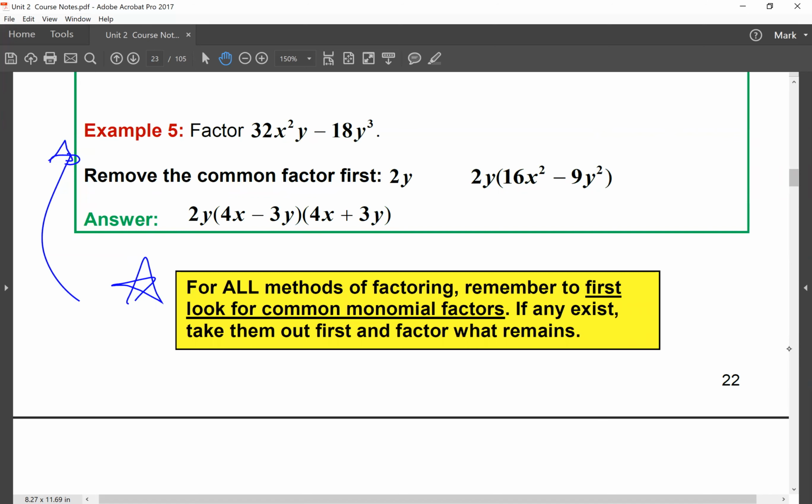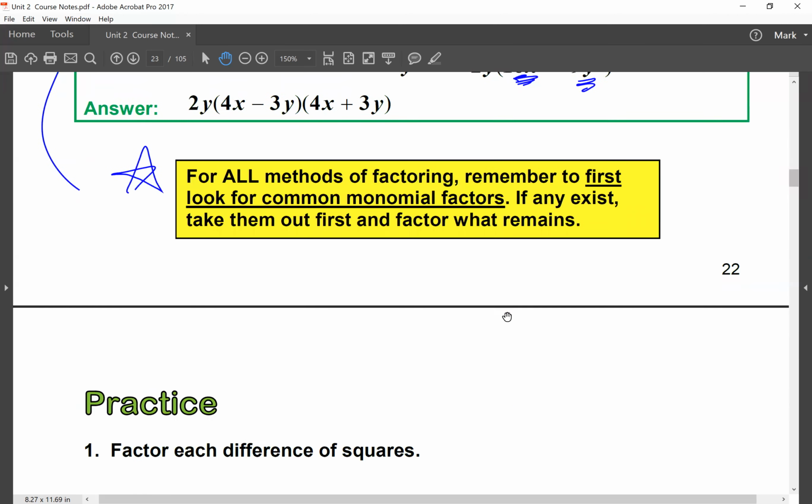But if I can remove a common factor, in this case 2y, it actually becomes a lot easier. So I remove 2y. Now it becomes a difference of squares. I have 16x squared and 9y squared. So that would be 4x and 3y.